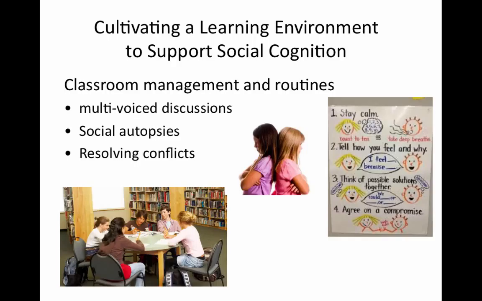So the ideas on this page focus on ways to support interpersonal interactions among students and establish an environment that is inclusive of social diversity and difference. And so we're looking at ways that we can look right to the structure of classroom management and the day-to-day routines in the classroom as opportunities for this.